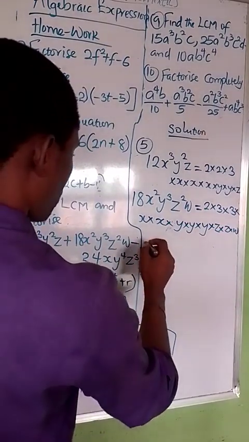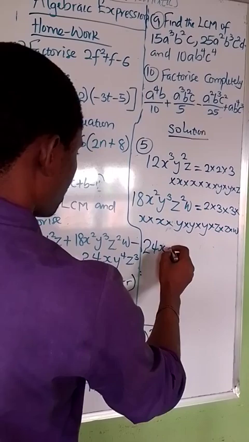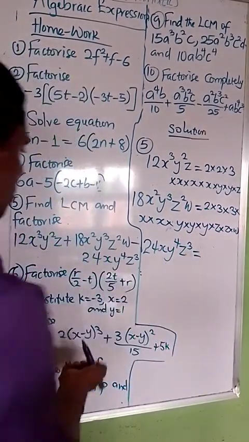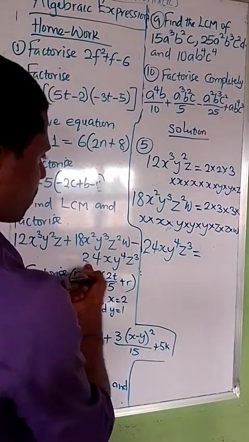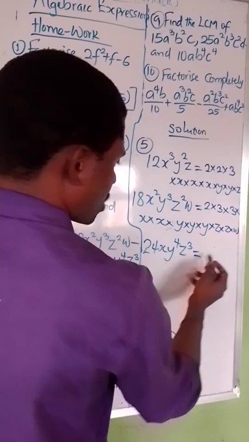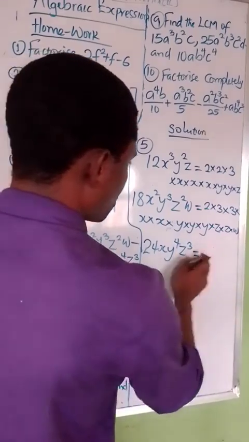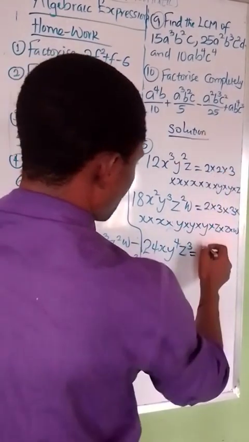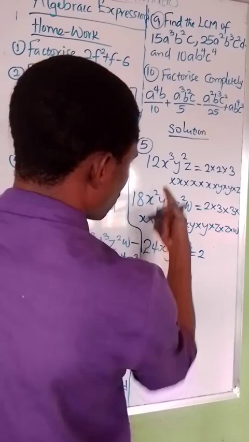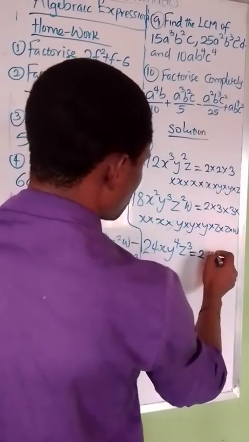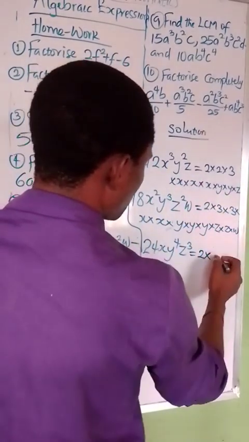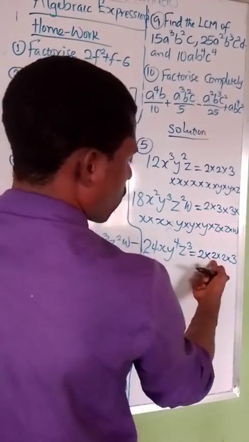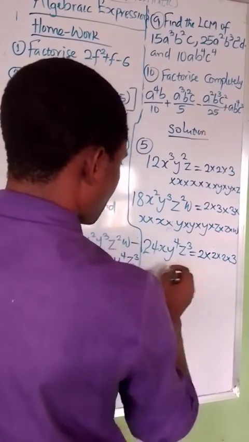Right. Next one, 24xy to the power 4 z to the power 3. You also split 24. That's 2 times 12, and we already have 12 here. So 2 times 12 gives us 2 times 2 times 2 times 3: 4, 8, 24.